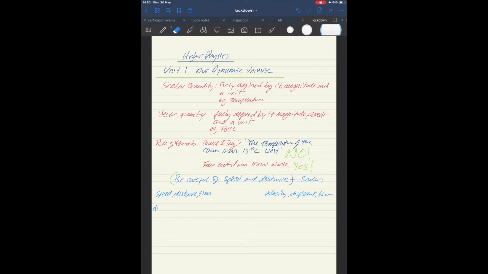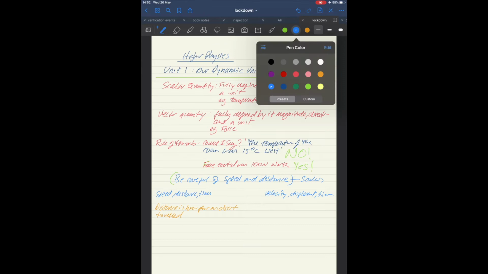So distance is how far an object travelled. Okay, it doesn't matter what direction it went in, it's physically how many meters it went.